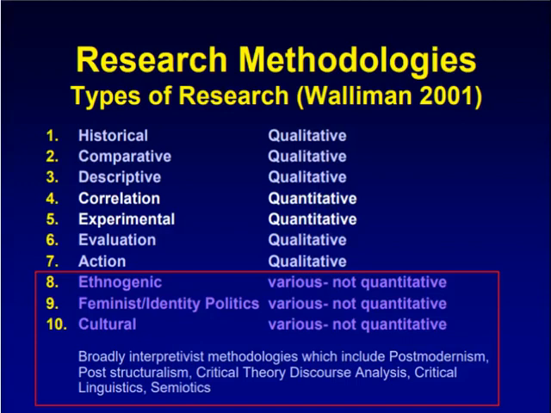The last three research methodologies such as ethnogenic, feminist or identity politics, and cultural are various but not quantitative. Broadly interpretivist methodologies, which include postmodernism, post-structuralism, critical theory, discourse analysis, critical linguistics, semiotics.